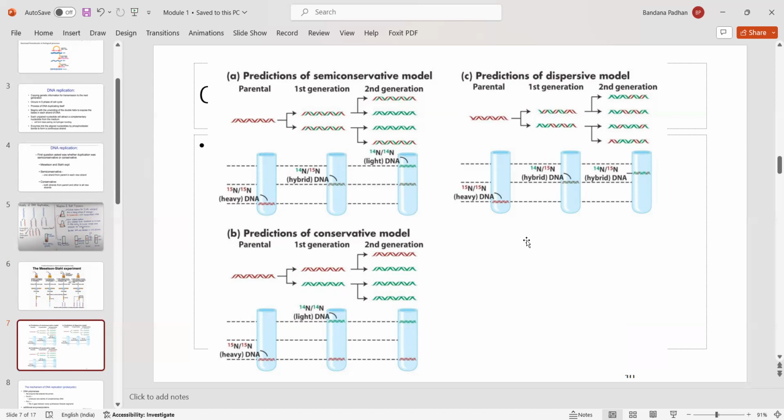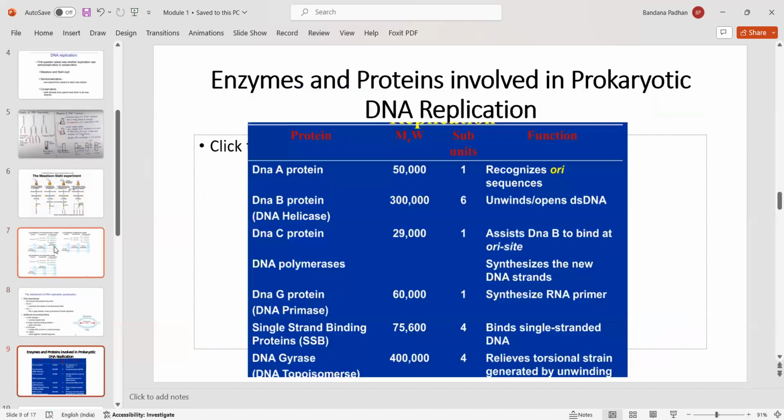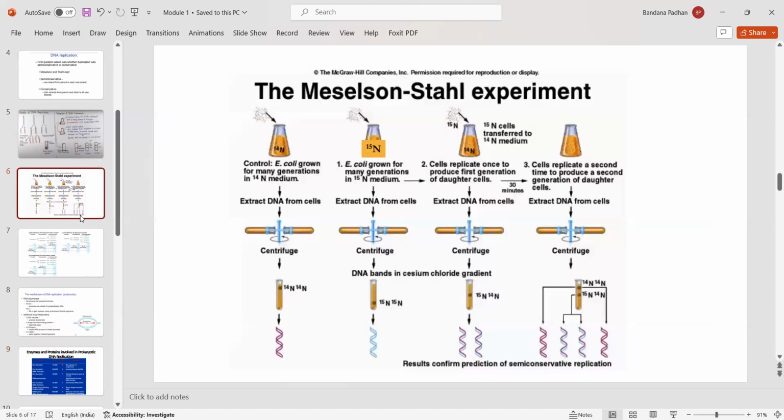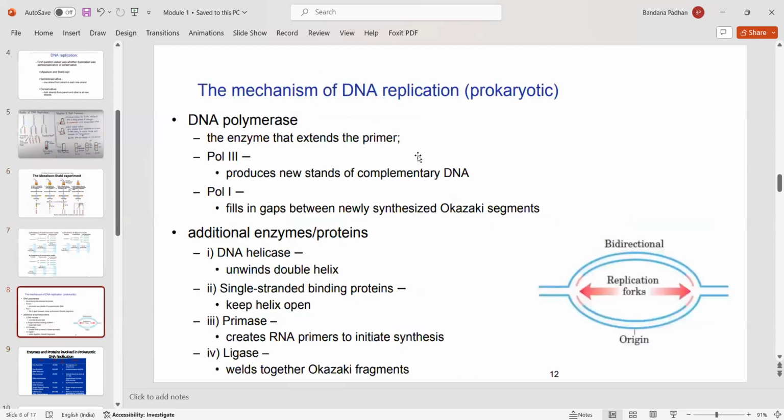So this is the prediction of the models, and later on it was established that DNA replication in eukaryotes and prokaryotes is always semi-conservative in nature.